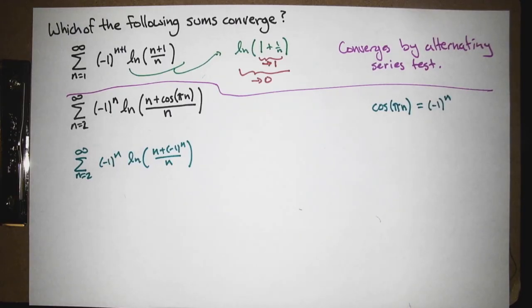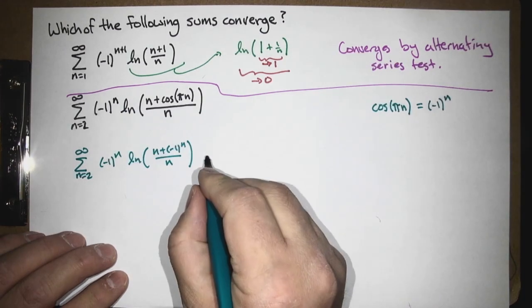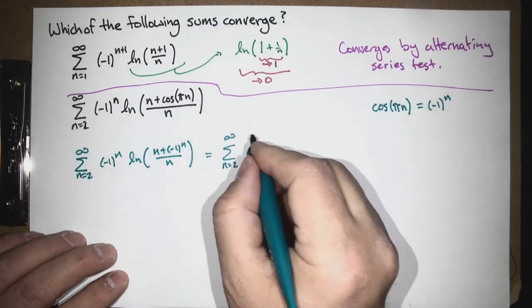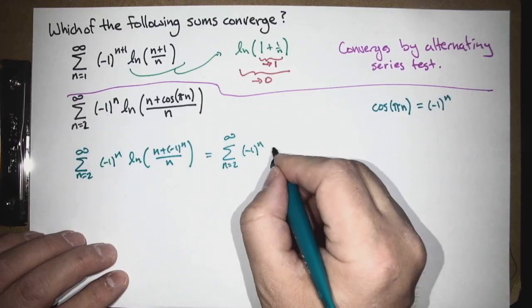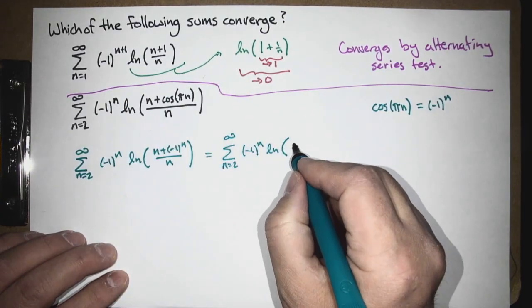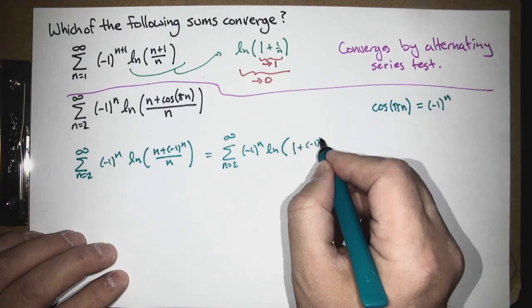Maybe we just want you to think it is, but maybe it's not. What are these mind games? Okay. So this is the sum, n equals 2 to infinity of negative 1 to the n log, and I'll do the same thing up here, divide by n, of 1 plus negative 1 to the n over n.